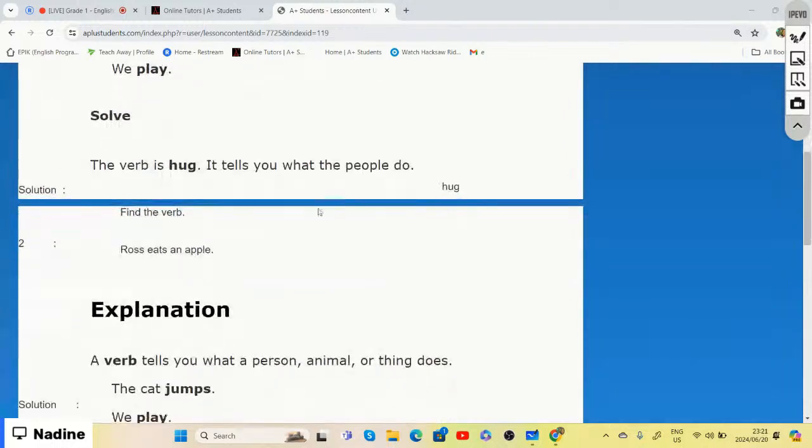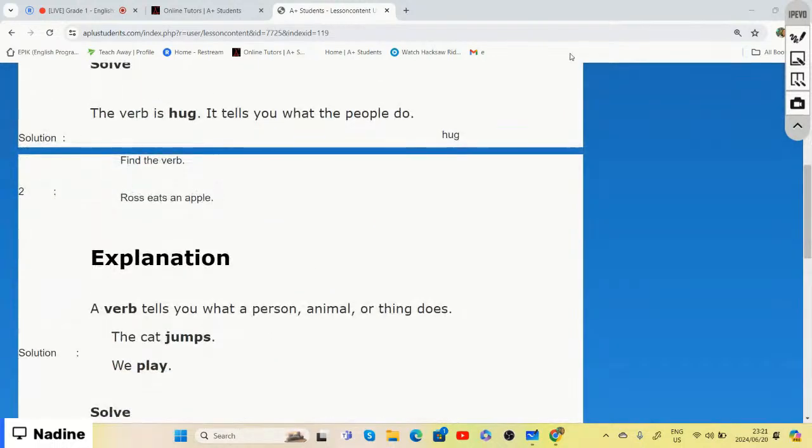We need to find the verb within the sentence. It says Ross eats an apple. So Ross eats an apple.